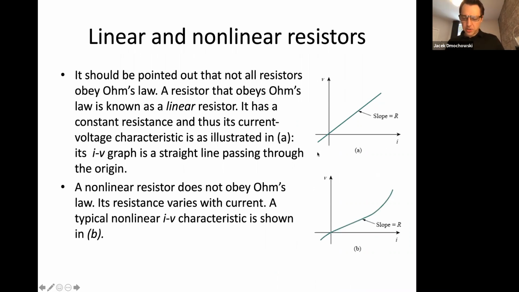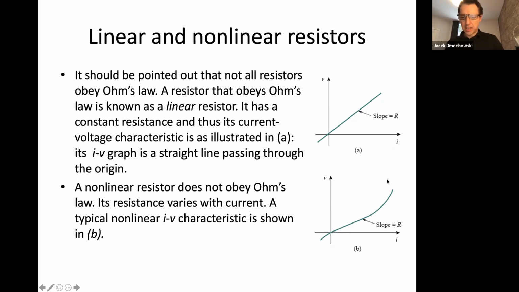We assume that the resistance of our resistors is linear. What that means is that it doesn't change. The ratio of voltage to current is fixed. Now, in reality, there may be elements where that's not true. In other words, where the slope of V over I, so if you draw a tangent line here, the slope of that tangent line will vary slightly depending on how much current you're passing through.